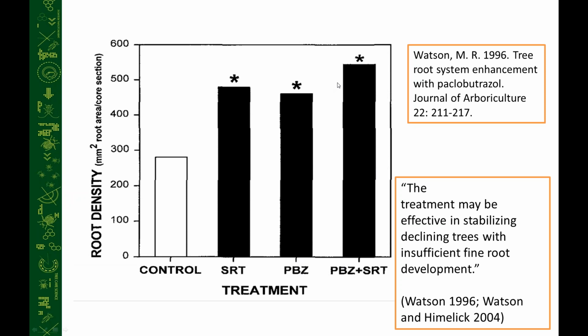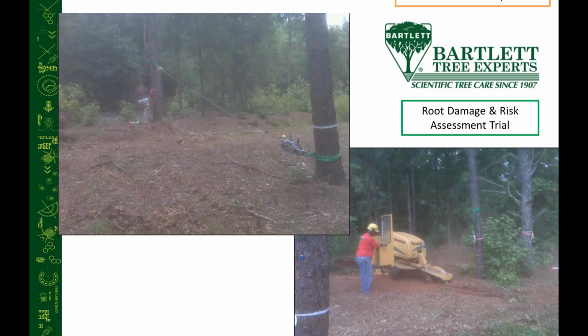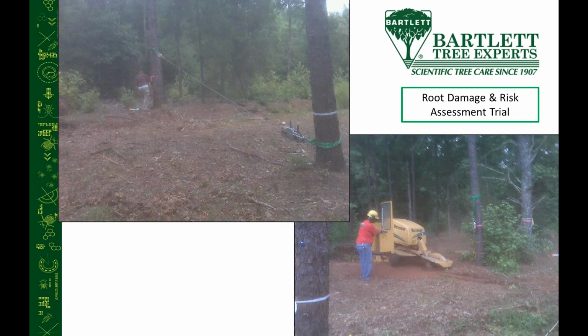We can see that we can affect a tree to help it produce a greater density of fine roots. Think about what we just explored with the pH, the ability for a tree to affect its environment, to be healthy. If we can produce a good amount of fine roots, then that might be about the best thing we can do for that tree.